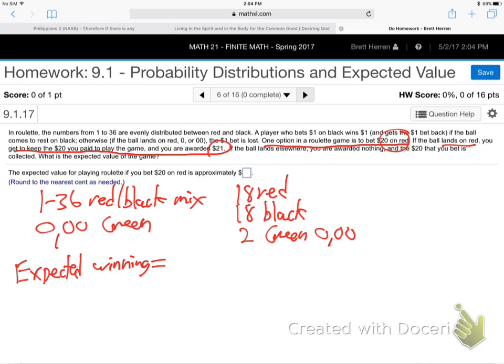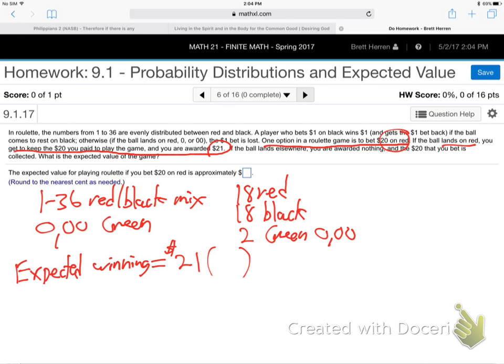So you win $21. Remember, expected value is value times probability, or P times V, V times P, whatever. It's the monetary value times the chance of that thing happening. So what's the monetary value? You could win $21. What's the probability?